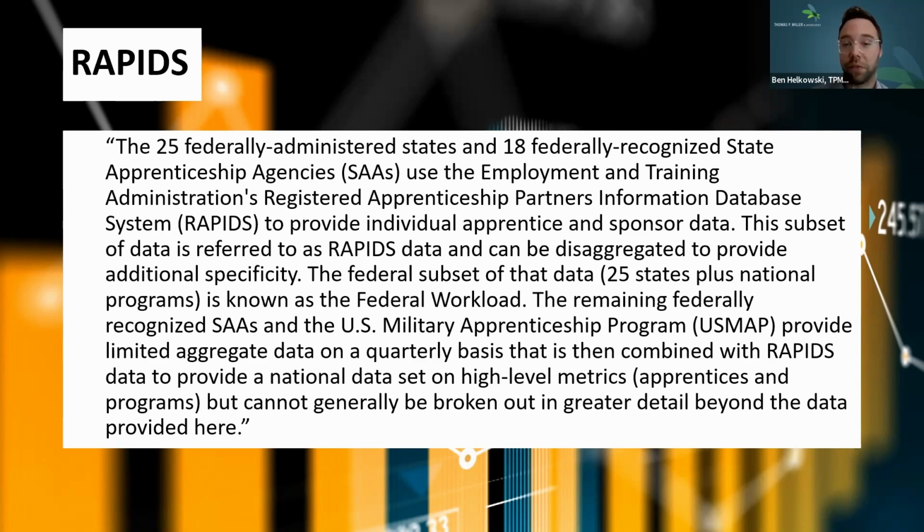So in short, data from registered apprenticeship programs are stored in the RAPIDS database and can be used to communicate registered apprenticeship program trends and outcomes that can help improve practices and outcomes.